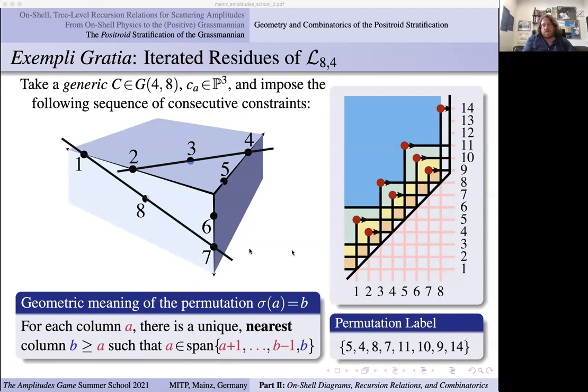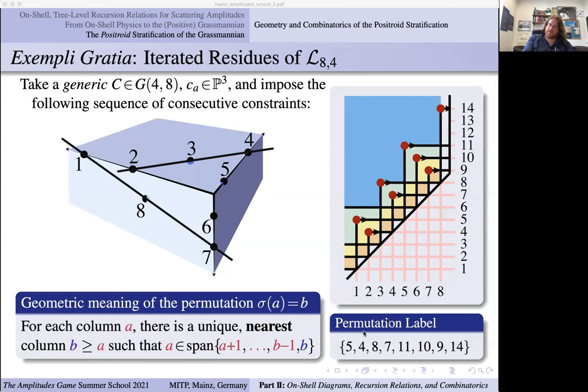And you can now see this more clearly here. So 1 is not proportional to 2, so 1 does not go to 2. It's also not along the line 2, 3. It's also not along the line 2, 3, 4. However, it is on the plane 2, 3, 4, 5. And that means that the nearest element beyond 1 in which column 1 is spanned is the set 2 through 5.